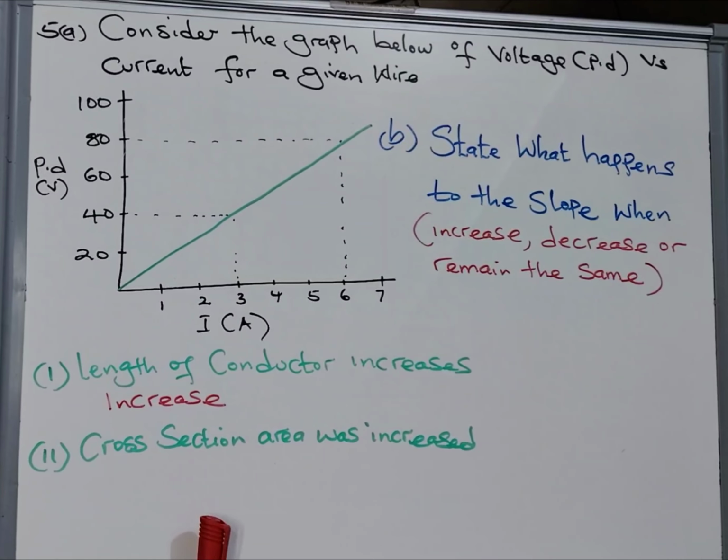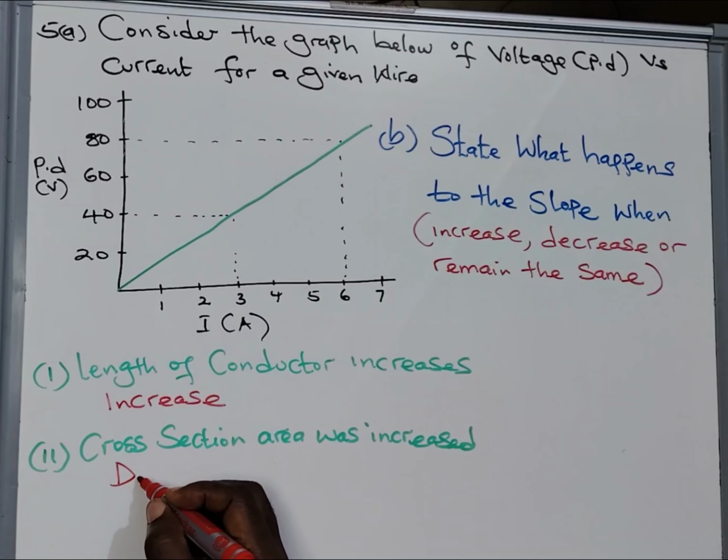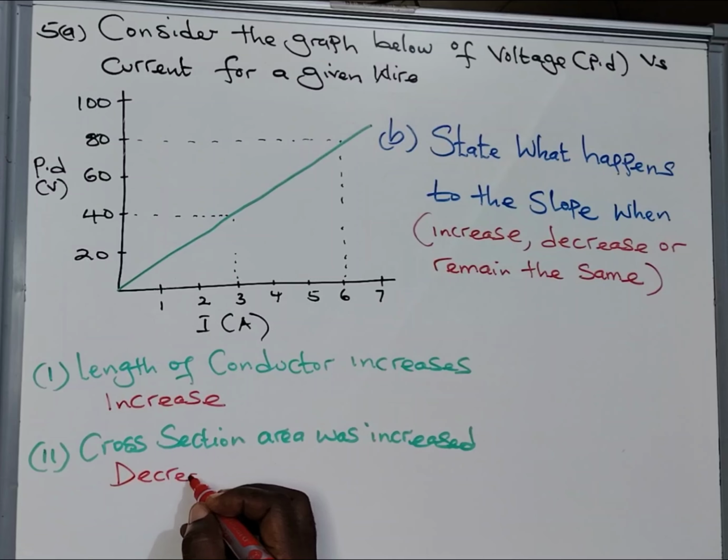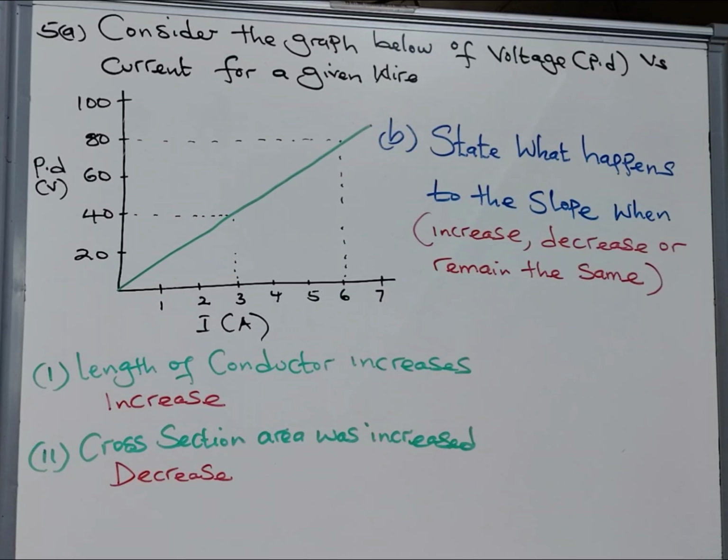Then comes this question. It says, cross-section area was increased. So what happens to the slope when the cross-section area is increased? The answer is decrease. Why? Because an increase in cross-section area of the conductor decreases the resistance, and the slope represents the resistance.